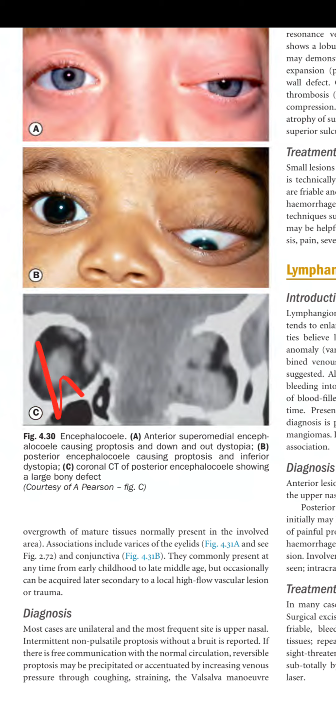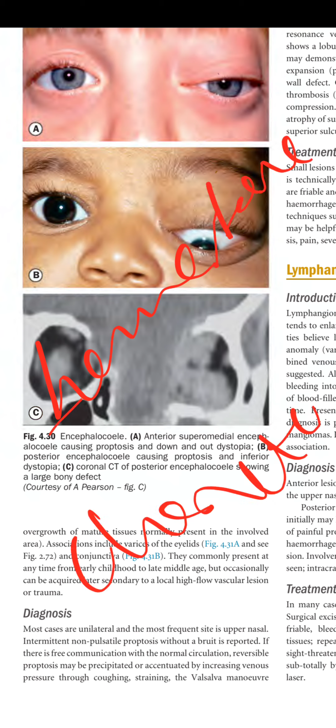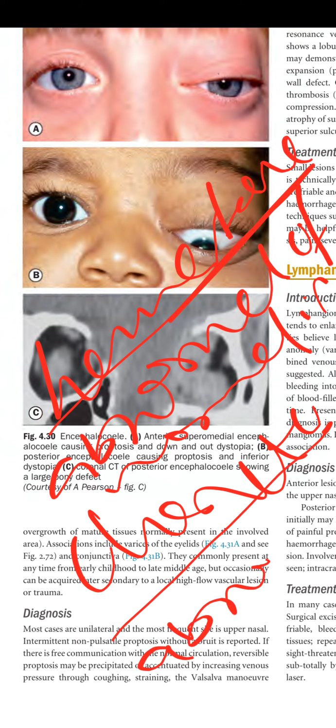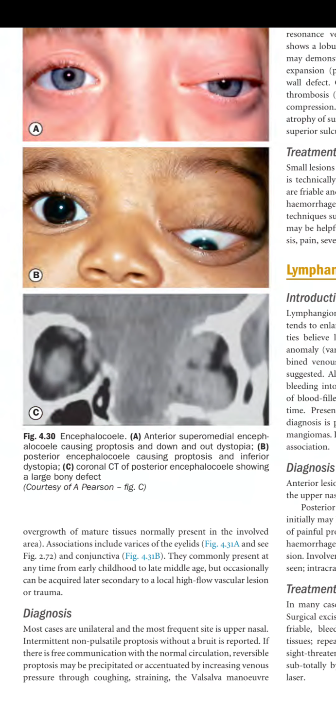So basically, there is a term known as hamartoma and a term known as choristoma. Hamartoma is an abnormal growth of a normal tissue in a normal location, whereas choristoma is an abnormal growth of a normal tissue in an abnormal location.